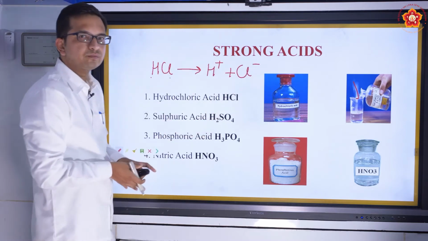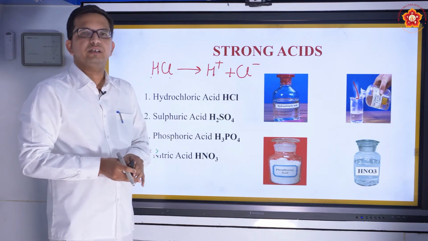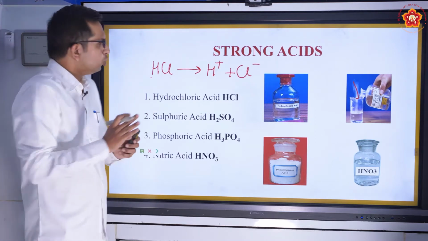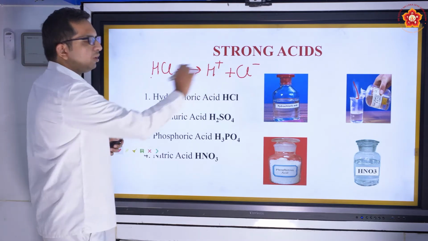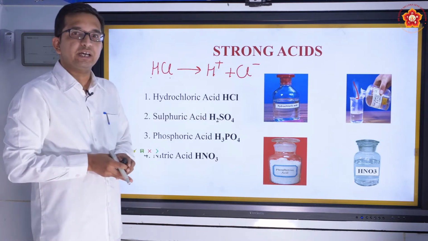The first part that we write is the positive part, the second part that we write is the negative part. So a strong acid means those acids which can undergo complete dissociation. This is an example for hydrochloric acid.